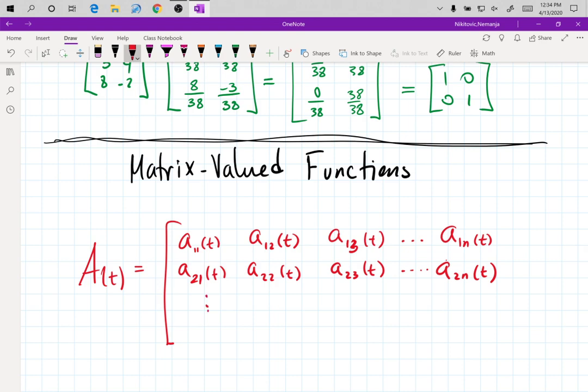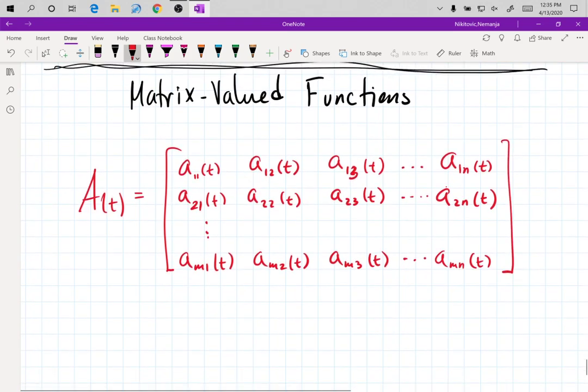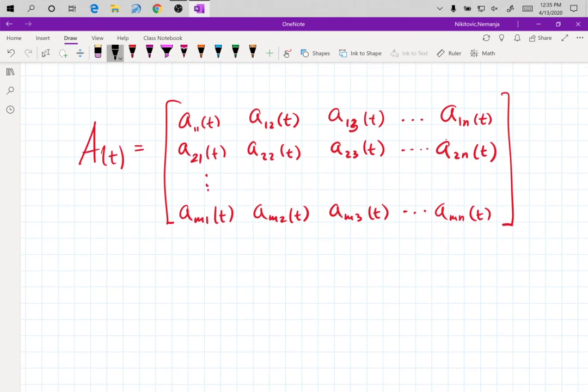And when you get to the last, it's going to be a_m1 of t, a_m2 of t, a_m3 of t, and finally a_mn of t. They can be rectangular, a special case. They can be square. They can do all of those things, but now they are functions. So you can literally have, as an example, something like this.